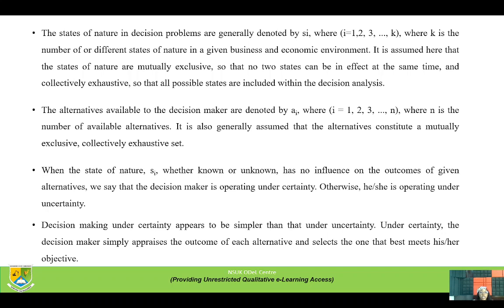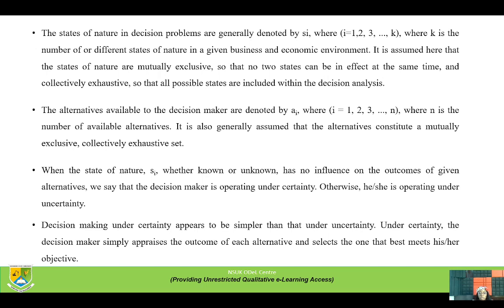The states of nature in decision problems are generally denoted by Si, where i takes values 1, 2, 3, all up to k, where k is the number of different states of nature in a given business and economic environment.